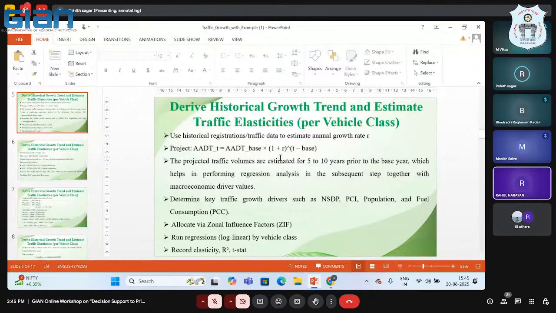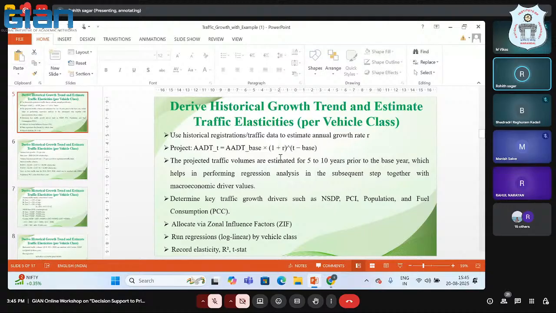Yes, sir. This one here. I have told that we have conducted survey data for the base year, that is 2020. So we need to compare the macroeconomic variables like NSDP with traffic data, AADT. Macroeconomic variables data we will not get for the base year or the future years, so we should extract the data for the past years.